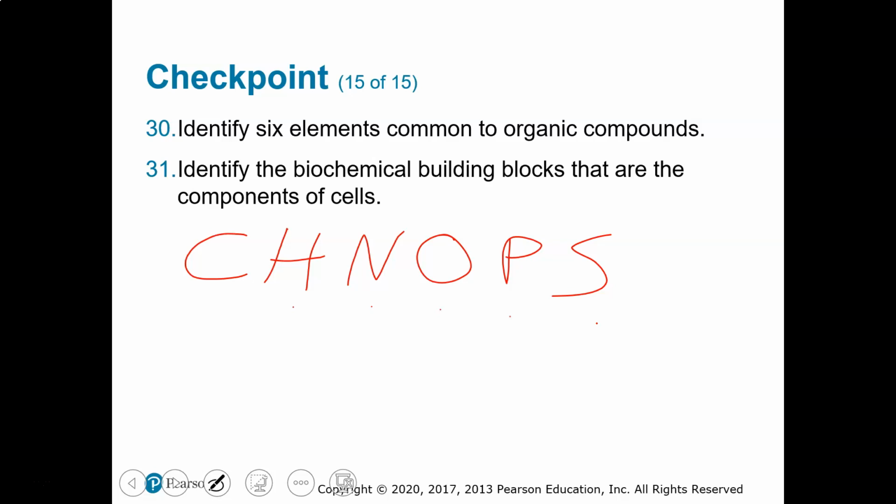As for the building blocks of the larger molecules, the building blocks of polysaccharides are monosaccharides. The building blocks of nucleic acids are nucleotides. The building blocks of lipids are fatty acids and glycerol. The building blocks of proteins are amino acids.